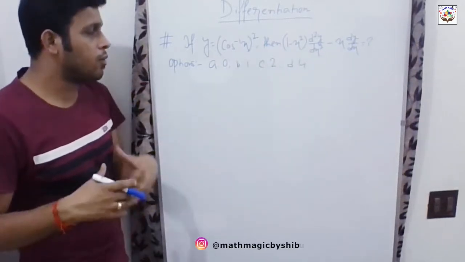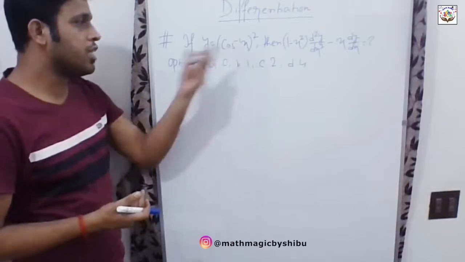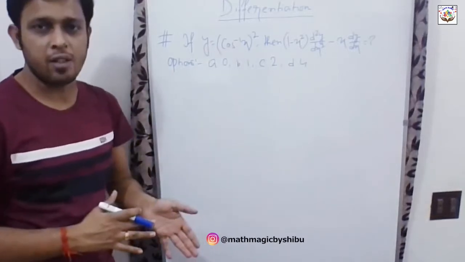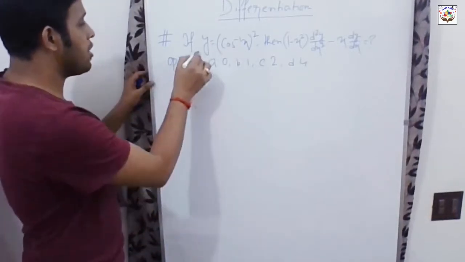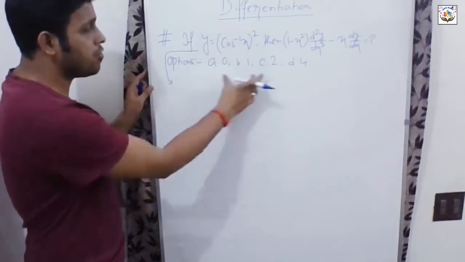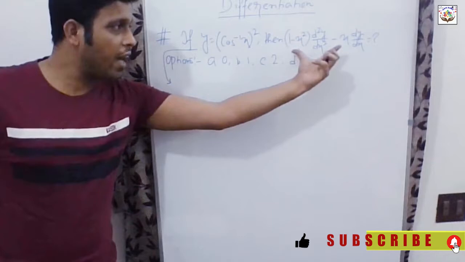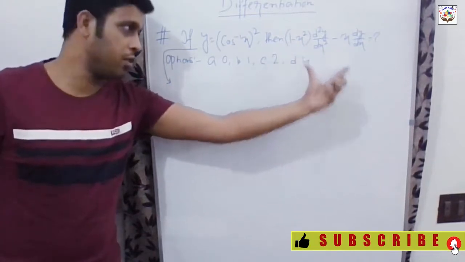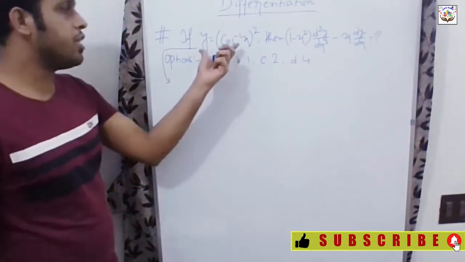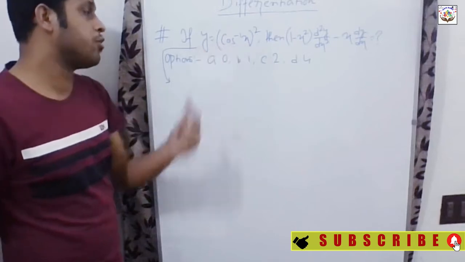So what I mean to say is that we will proceed with this problem like the previous one itself. Okay. So we will start, and you have the options for this problem, right? Here we need to find the value of this expression. So we will proceed from this function.